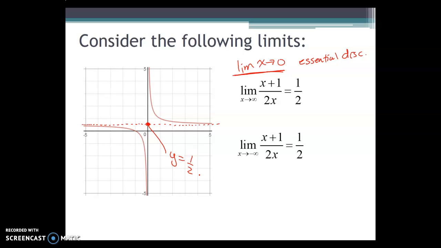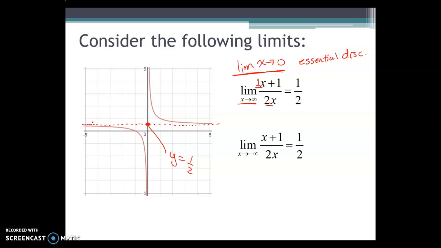We'll get into the particulars of how you might remember it's y equals 1/2. Spoiler alert, it's the coefficient of x over the coefficient of x. But what you can see is as x gets really large to the right, toward positive infinity, y goes to 1/2. As x gets really large in the negative direction, the y value also approaches 1/2. So the limit at infinity matches the location of this horizontal asymptote.